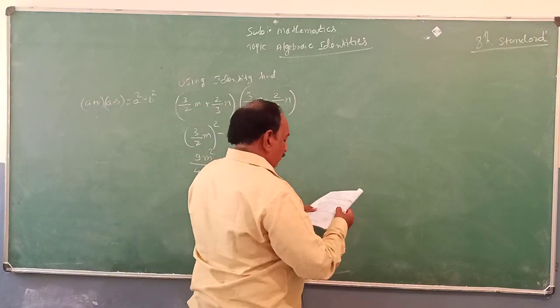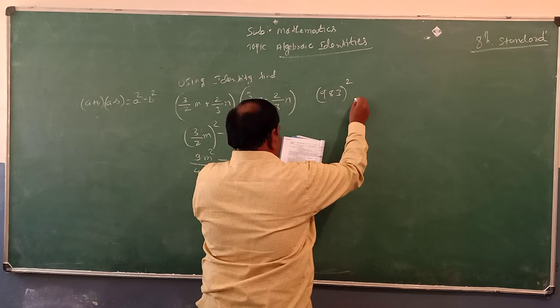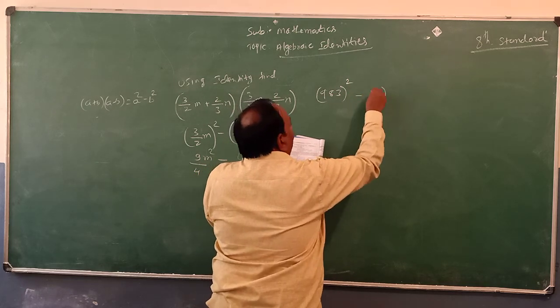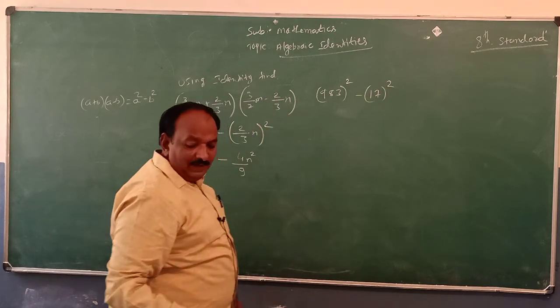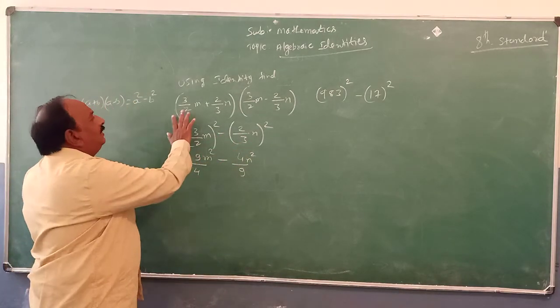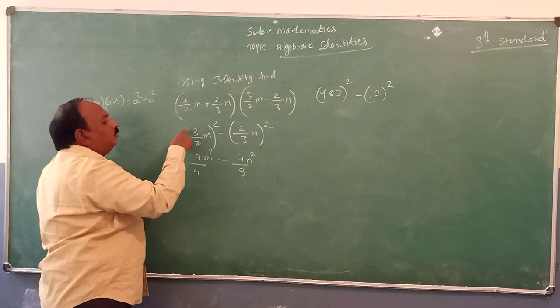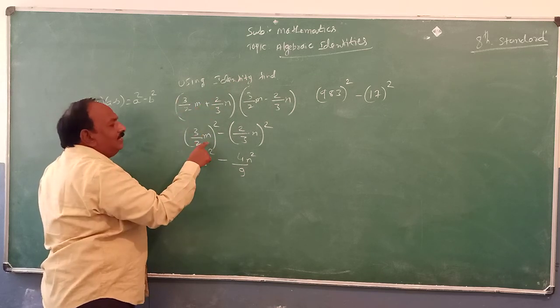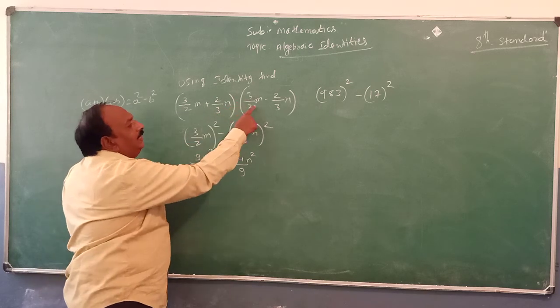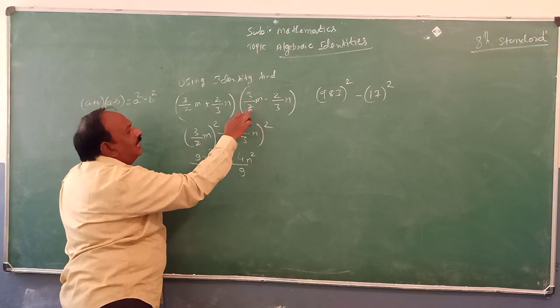Next problem, 983 whole square minus 17 whole square. Well, students, this is the problem. One more time, I want to represent this using the identity: (3/2 m + 2/3 n)(3/2 m - 2/3 n). Here one is plus, another is minus.